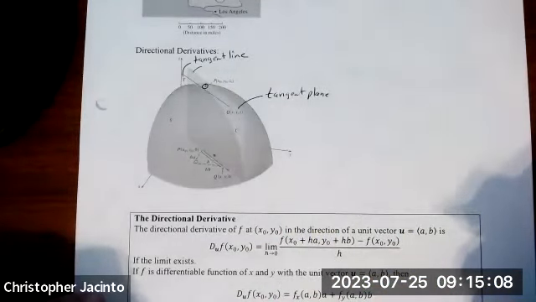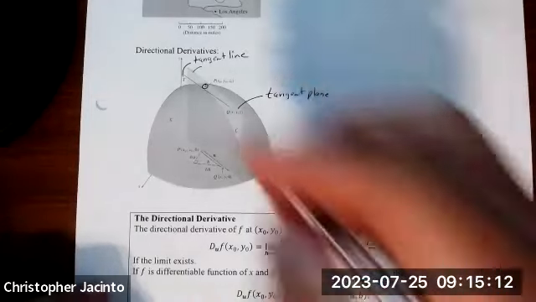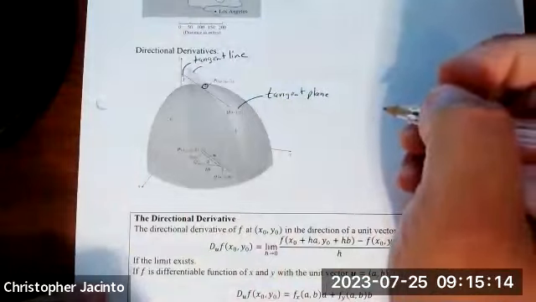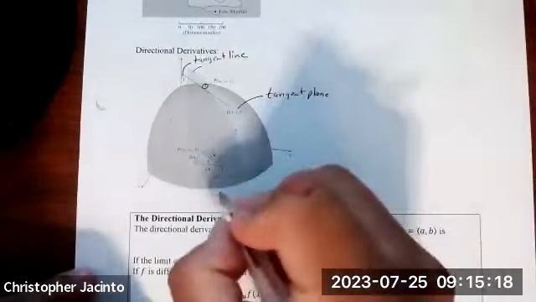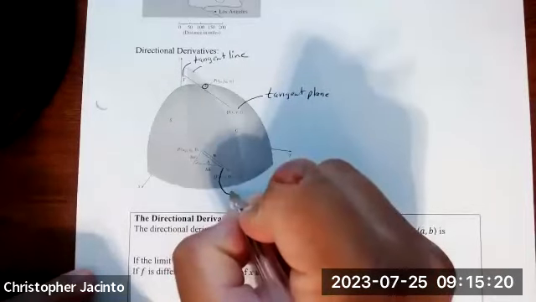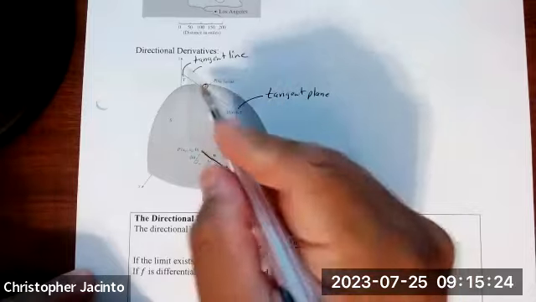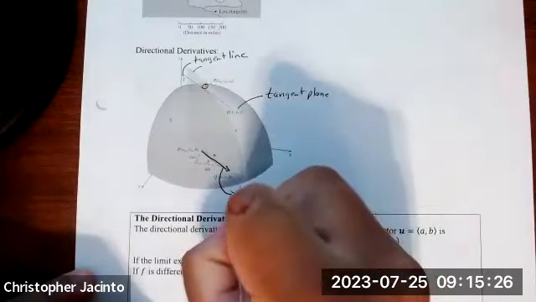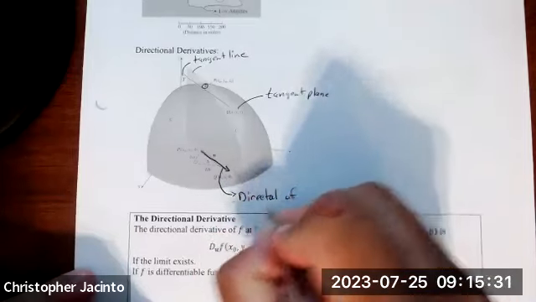Now, this tangent plane, however, is very particular. This plane is in the direction I want to go in, according to the tangent line. Now this one down here, in this direction, is parallel to the tangent plane, and this is the direction of a unit vector.